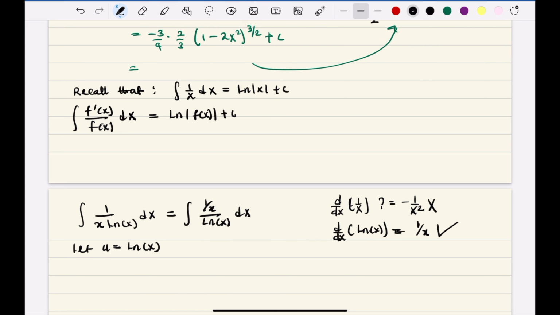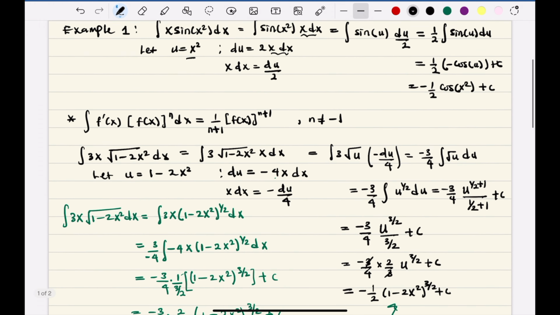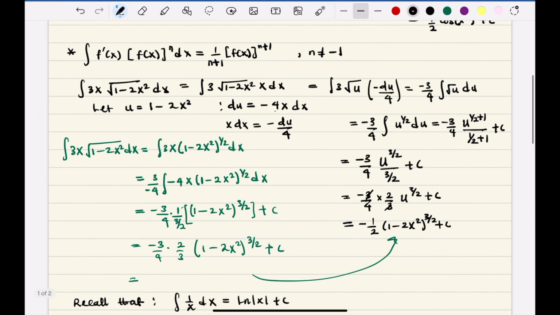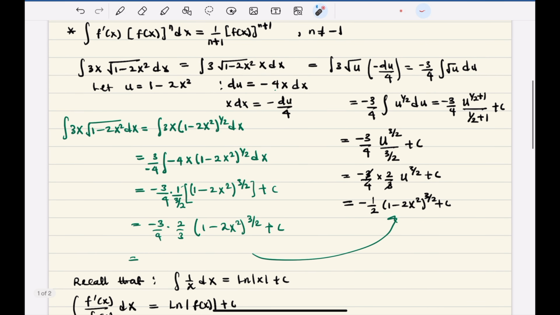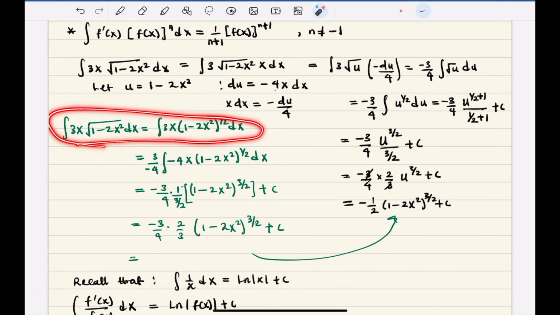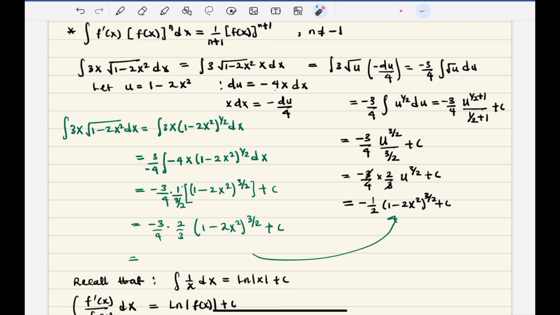For example, you can write it as f prime of x divided by f of x, or you can write it as this expression over here, whereby you have the power. You can write it as a product of the derivative and the function raised to the power, whereby the power is not negative 1.